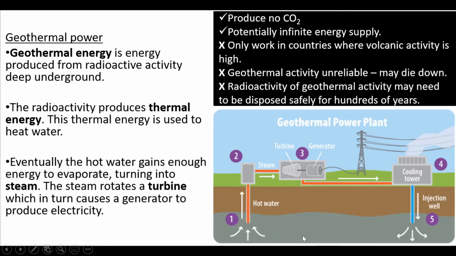Okay, driven by the heat down here. Turns a turbine, which has a generator, which produces electrical power. Okay, and then the hot water has to go and cool down, and goes back down again. A little cycle happens.